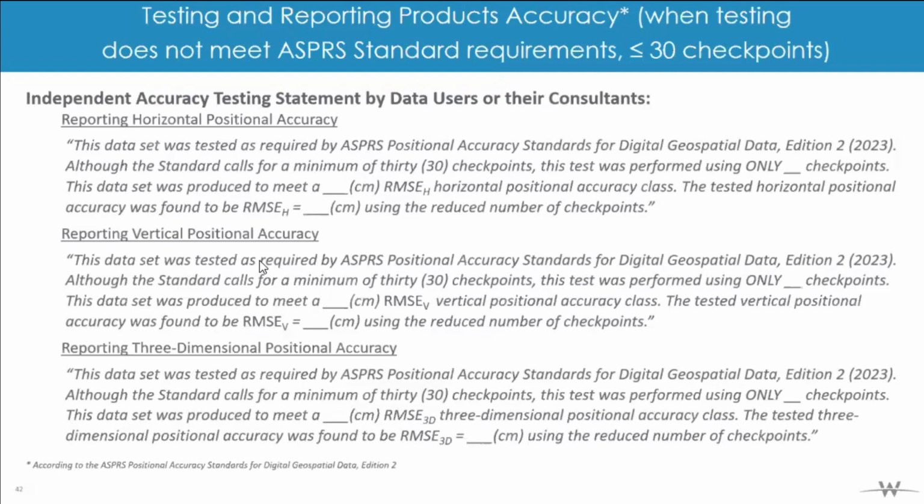So as a declaration, as a truth in reporting, instead of pushing them to lie about it or hide it, we're giving them a formal forum to say, I couldn't afford 30 points, although I was supposed to do it with 30 points according to the ASPRS standard, but I used only 17 checkpoints, for example. And from that, here is my result.